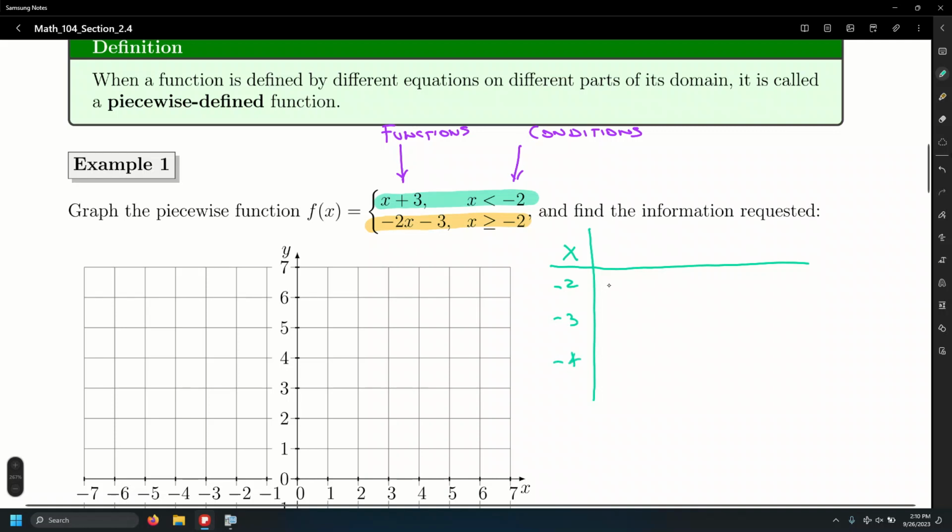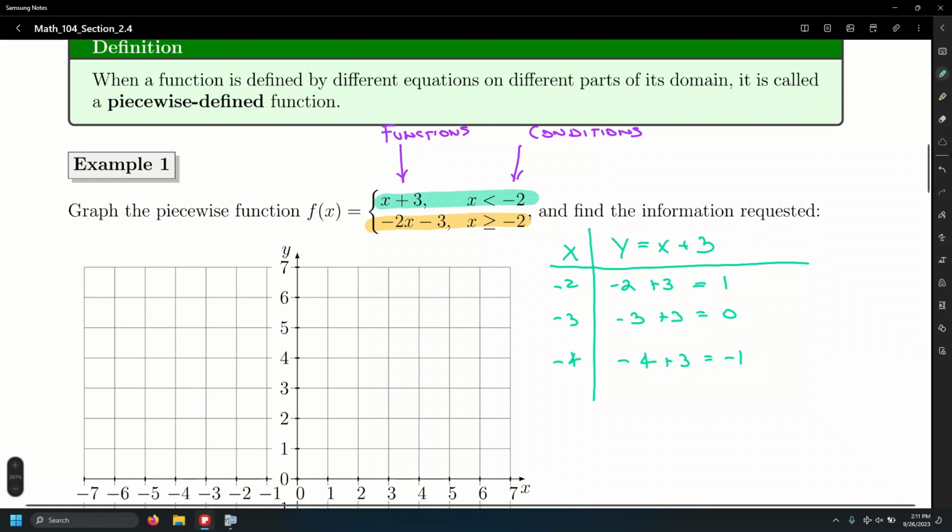All right, let's plug them in the original function, the part in green only. Negative 2. Okay, y equals x plus 3. Negative 2 plus 3 equals 1. Negative 3 plus 3 equals 0. And what else? Negative 4 plus 3 equals negative 1. All right? So here is the thing.